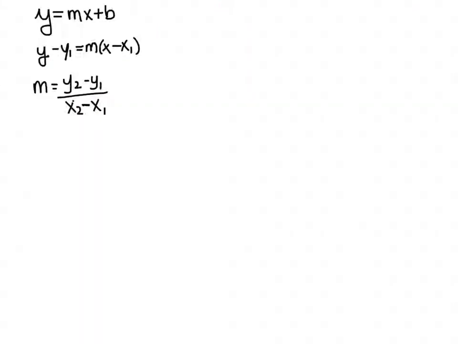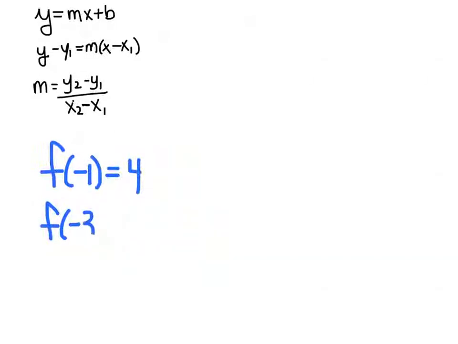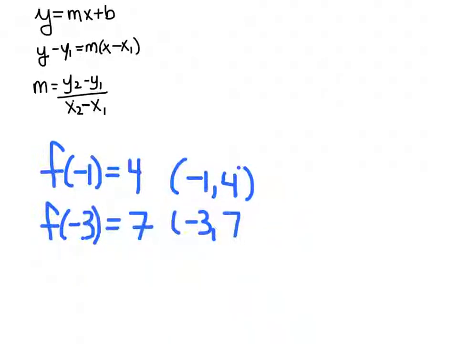In chapter P, you will have to be able to find the equation of a line. If you had f of negative 1 is equal to 4, and it told you that f of negative 3 is equal to 7, then the first thing you would have to do is recognize that this is the point negative 1, 4, and this other point is the point negative 3, 7.